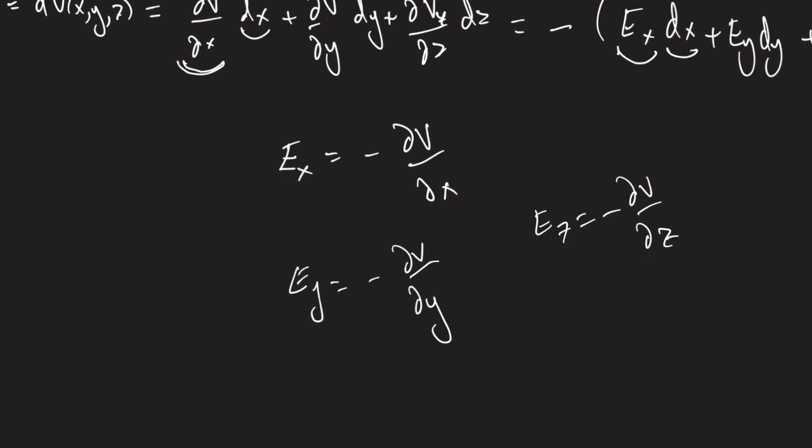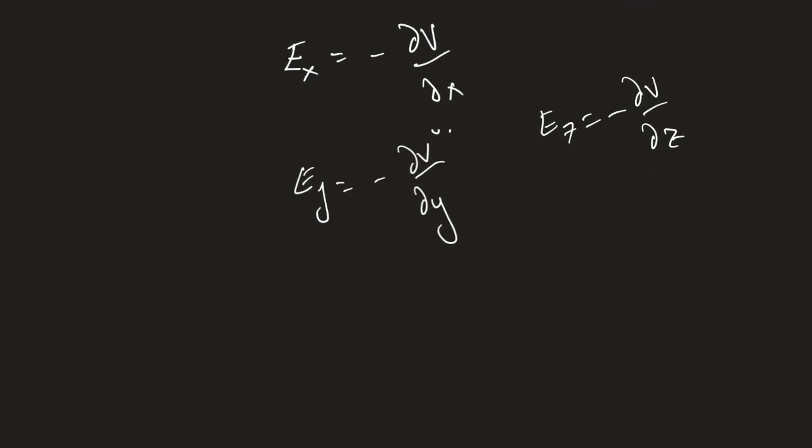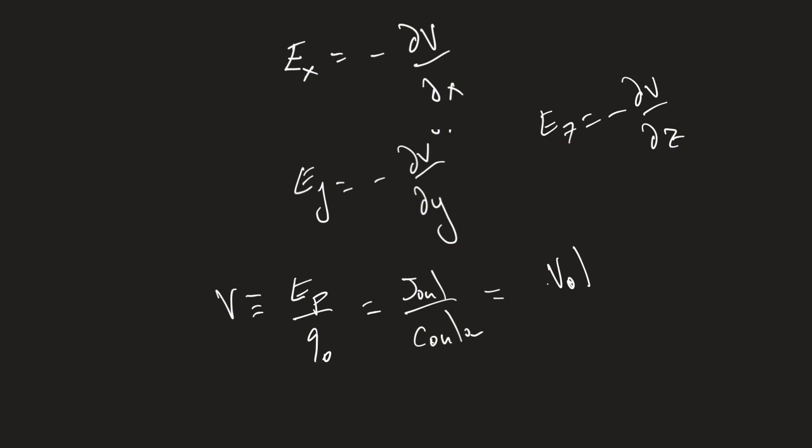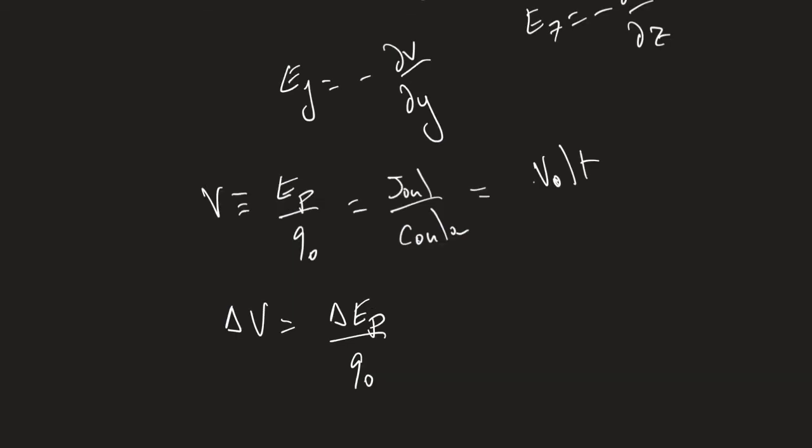Of course, the potential is the potential energy per unit of charge. Well, the potential is measured in joules per coulomb, and this is named as volt. So 1 volt, so you can write this equation.